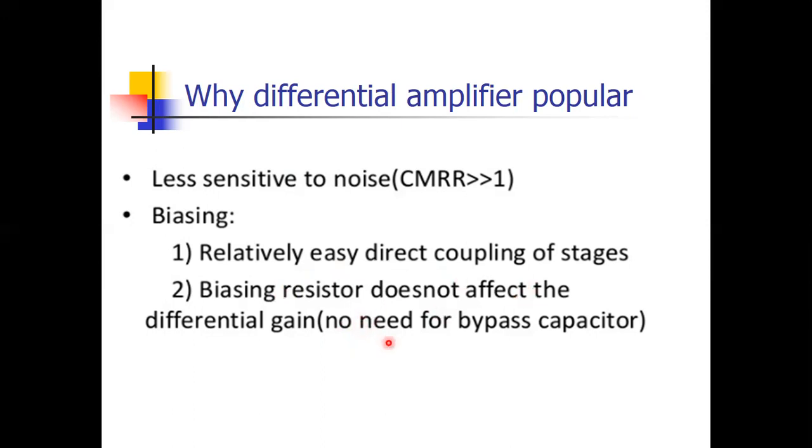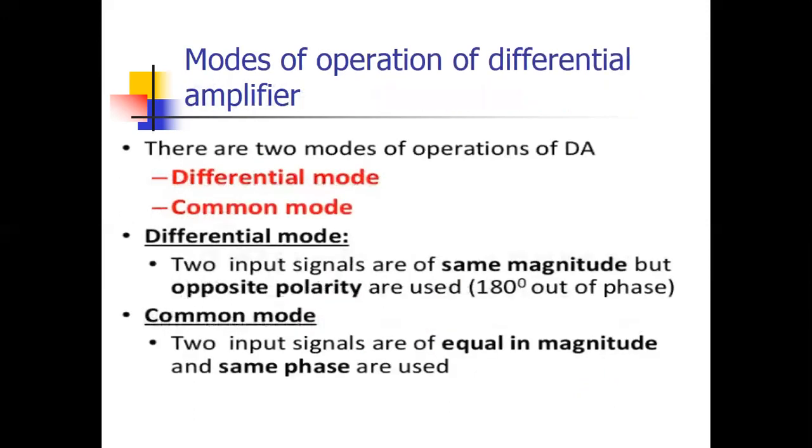If you remember, we attached bypass capacitors and coupling capacitors, but there is no need to attach a bypass capacitor here. So these are the reasons why the differential amplifier becomes popular.